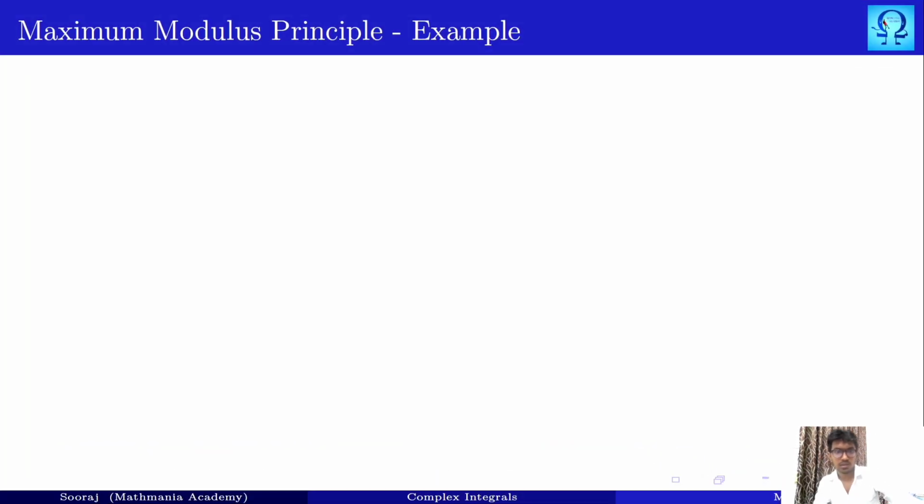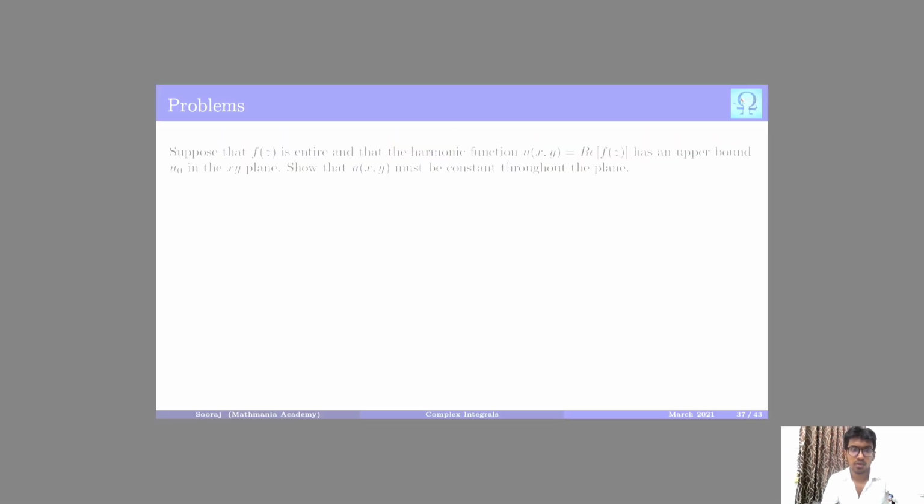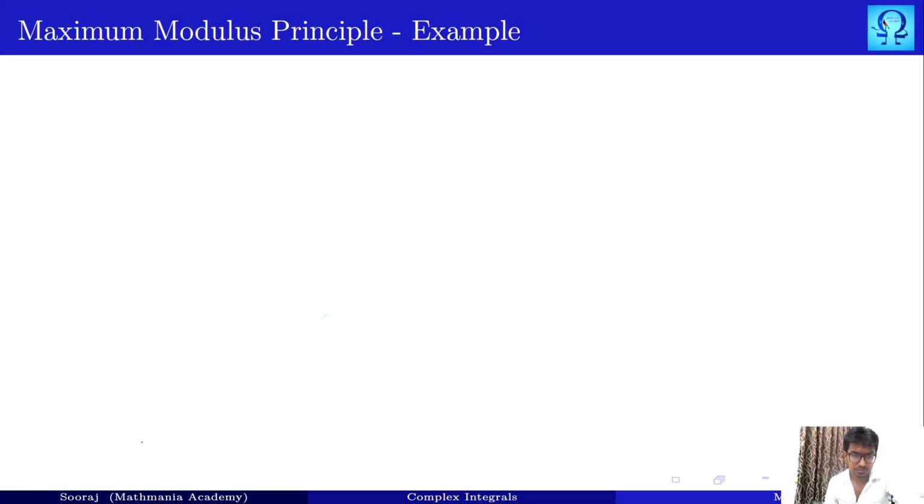Here we are going to see a small example. Here R denotes the rectangular region, 0 less than or equal to x less than or equal to pi, and 0 less than or equal to y less than or equal to 1, and the function is given to be sin z.